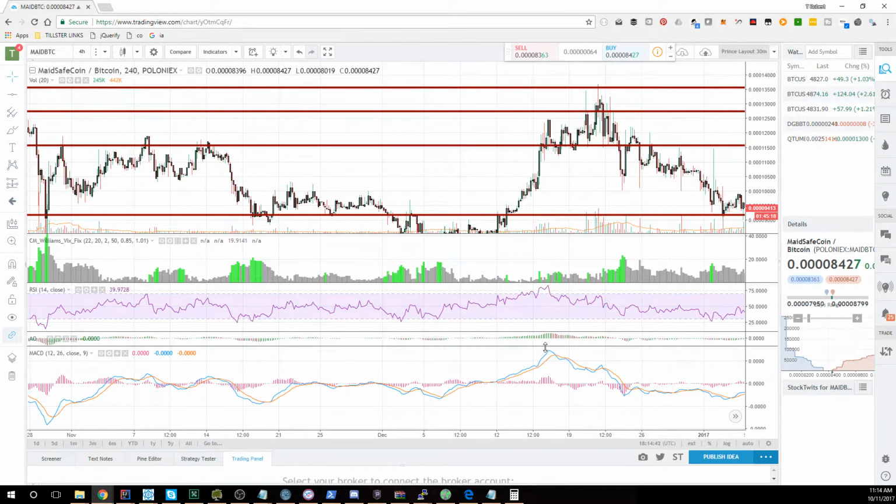The blue line here is the fast one, 12 candles back. So I would count 1, 2, 3, 4, 5, 6, 7, 8, 9, 10, 11, 12. And this is how many candles I would be including in my RSI calculation with a weighted exponential decay on it to smooth that out, as further back the values become less and less meaningful in my series.